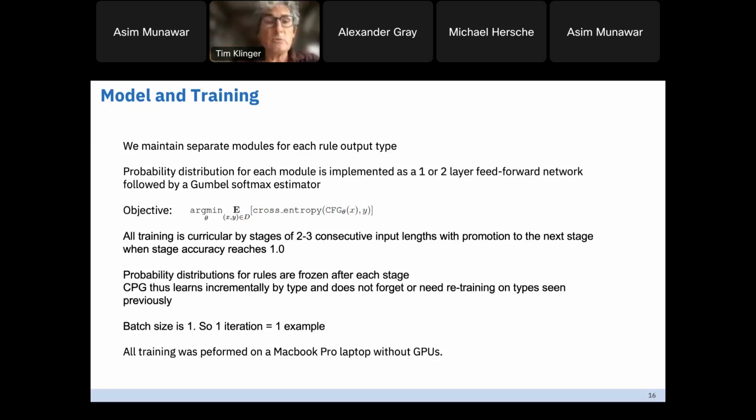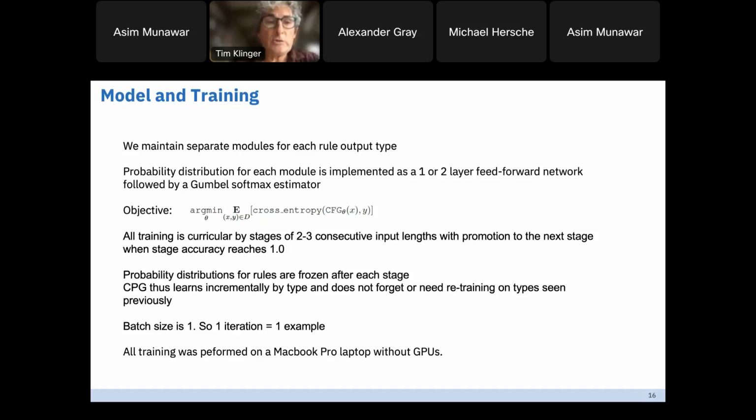They need to be discrete, and this is what Gumbel does for us. The objective is just to minimize the cross entropy, the usual objective: the argmin over theta of the expected cross entropy of the CFG output against the ground truth y. This is just a standard way of comparing sentences.